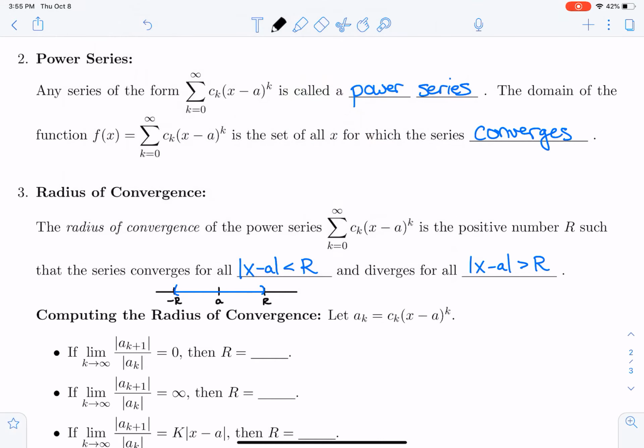Really quickly, the endpoints are actually a minus r and a plus r. So within the interval a minus r to a plus r, the series will converge, and outside of that interval, it will diverge. So here we're calling r our radius of convergence.